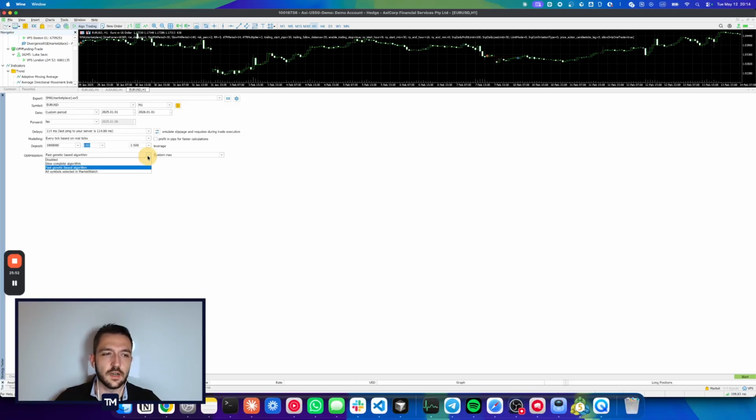What do I use? I use fast genetic a lot of the time. If I want to be sure before I deploy the trading bot, then I would also use the slow complete algorithm, but I do think the fast genetic one is very fine, because when I pick the values for my inputs, I try to make them realistic and I already have some sense of what's going to be good.